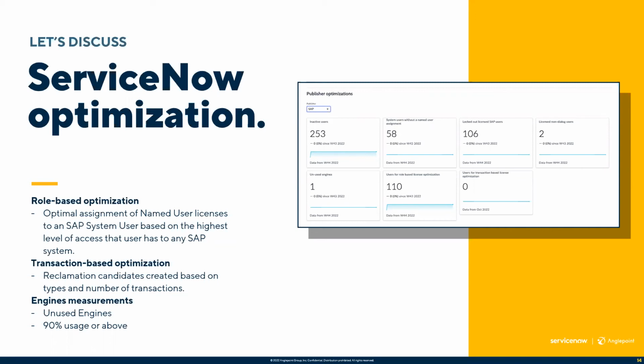So those are the kinds of things that we're looking at from an optimization standpoint, to not just help make sure you're not overspending, or identify those areas that are quick wins, but also identify areas where you might be able to reduce some of that spend going forward.